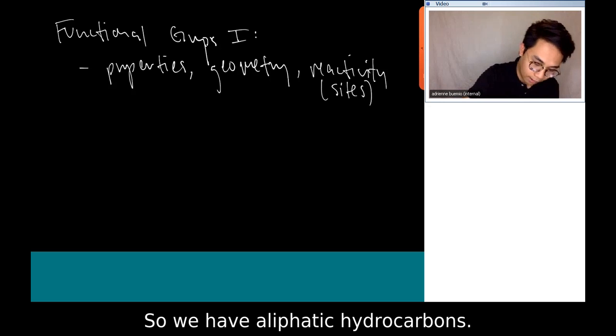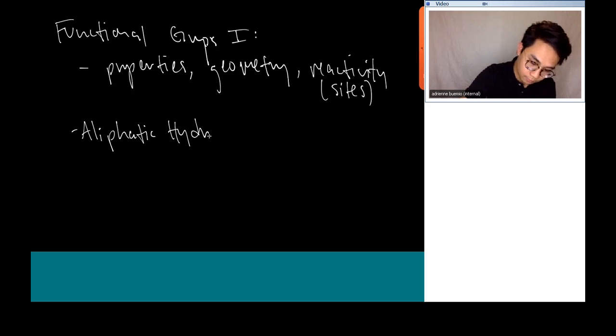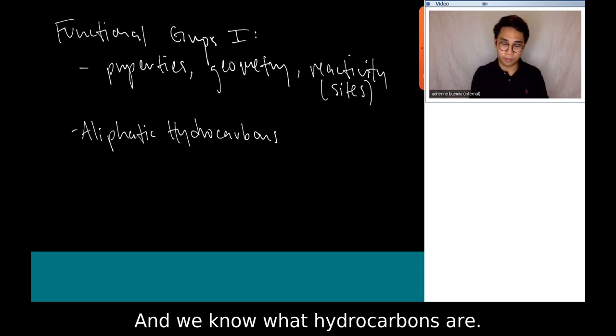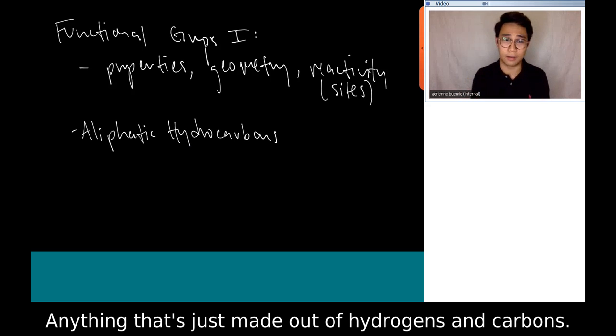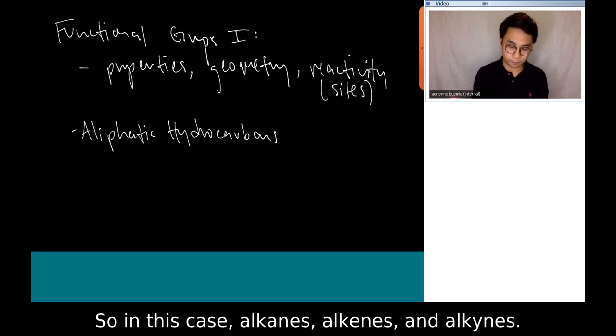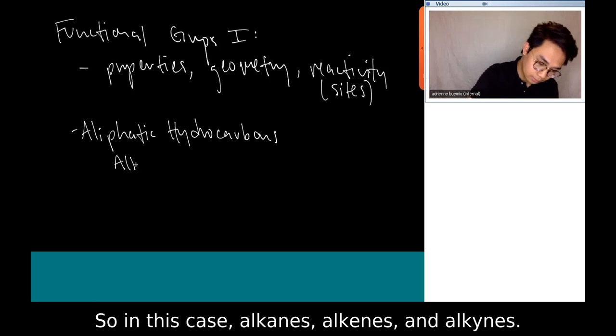So we have aliphatic hydrocarbons, and we know what hydrocarbons are. Anything that's just made out of hydrogens and carbons, right? So in this case, alkanes, alkenes, and alkynes.